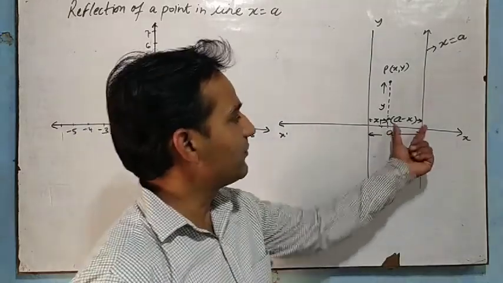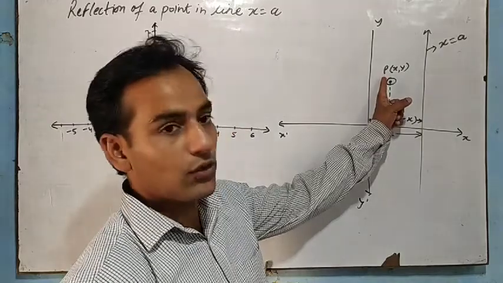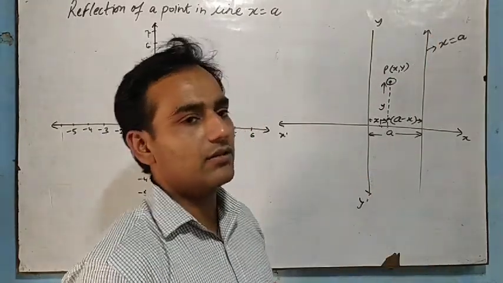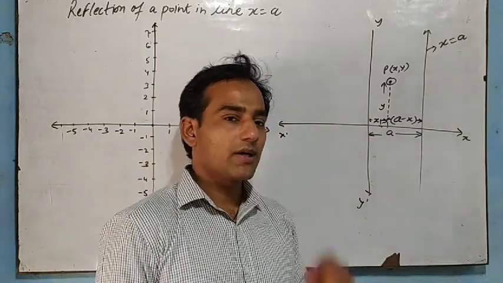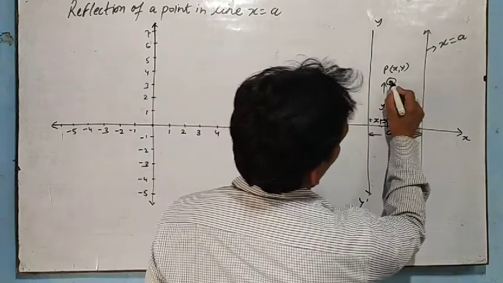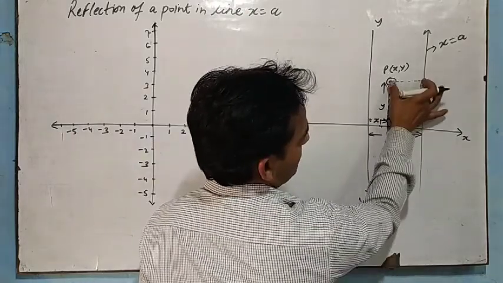Okay, this is a minus x. Now, we have to get the reflection of this point P over this line x is equal to a. It is very easy, just like x-axis, y-axis, but a few points we have to remember. Listen, if this point is P, the distance of this point P from this line is a minus x.